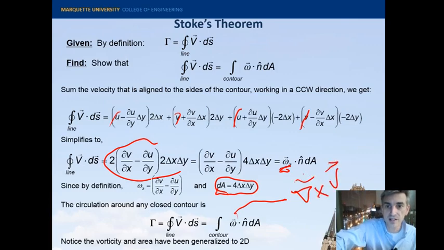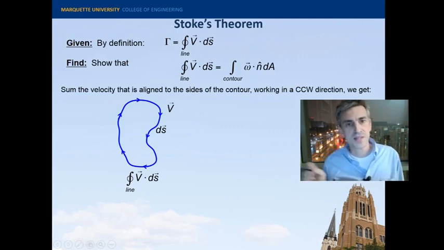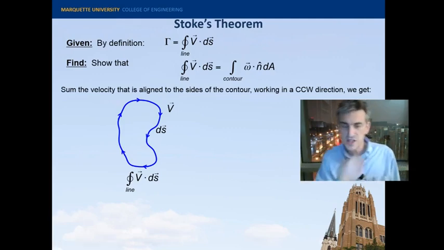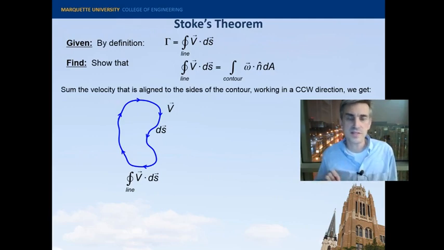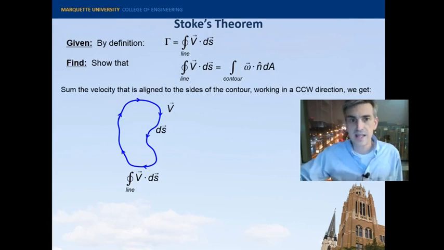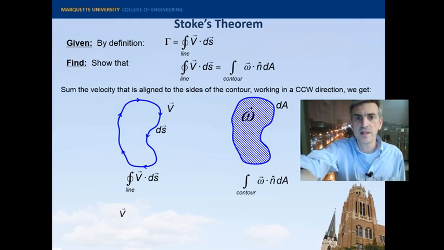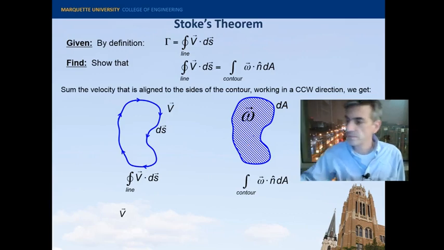And that's the original definition of what vorticity is. Again, just to reemphasize, this line integral is the sum along that contour of the quantity v aligned to the arc length ds, and that's exactly equivalent to the area under that curve of del cross v.